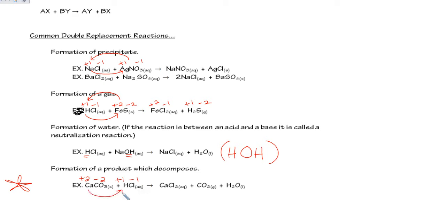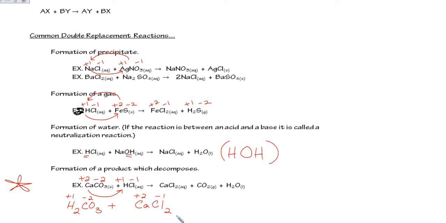I'll switch the like charges. So I would get a hydrogen with carbonate. And I get calcium with chlorine. And then I balance these guys. +1 minus 2. I need 2 of those. +2 minus 1. I need 2 chlorines.